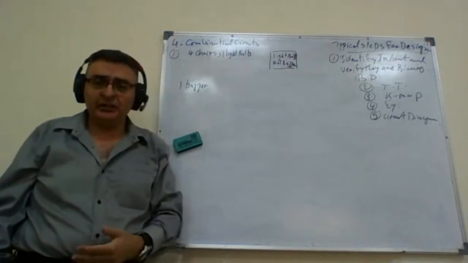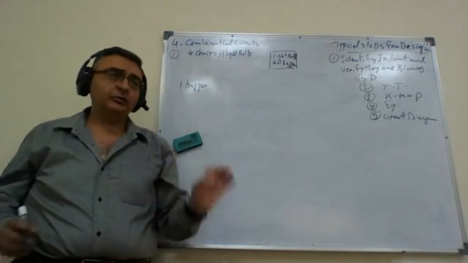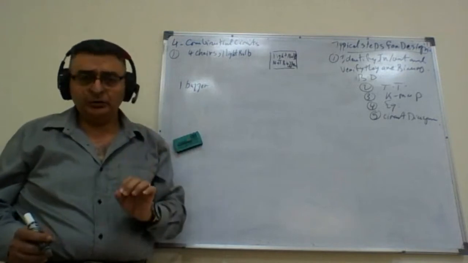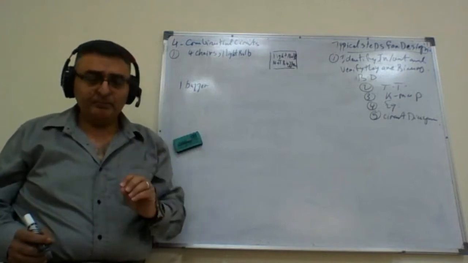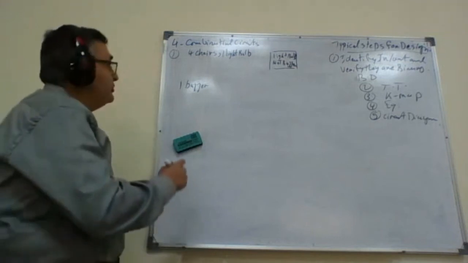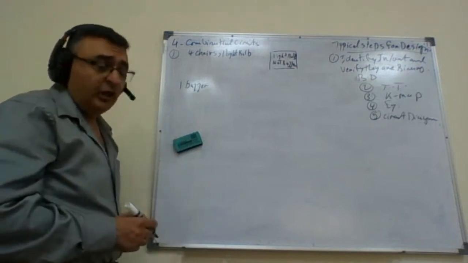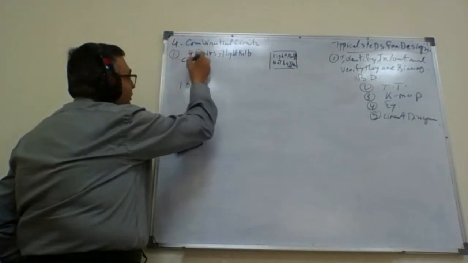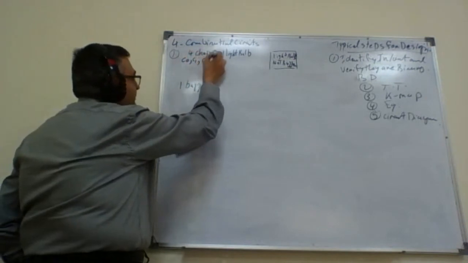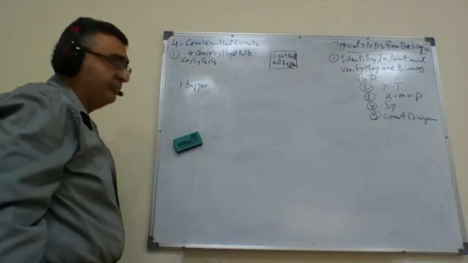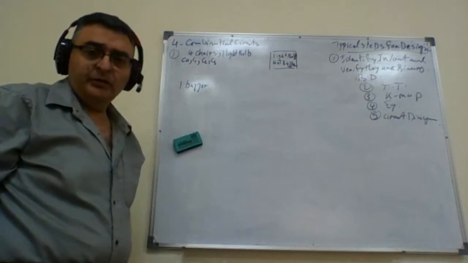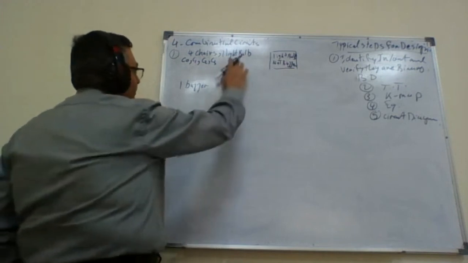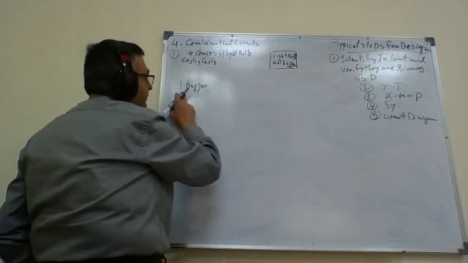It's easier for me to represent each input and output through a symbol. So since I have 4 chairs, I will call them C0, C1, C2, C3. Then I also have the light bulb and the buzzer.